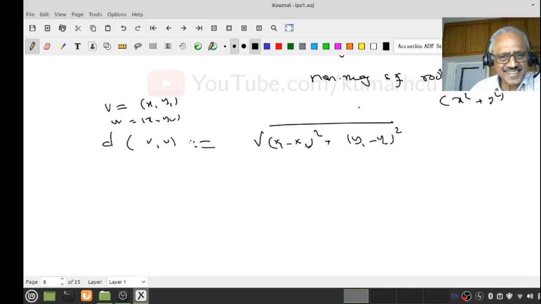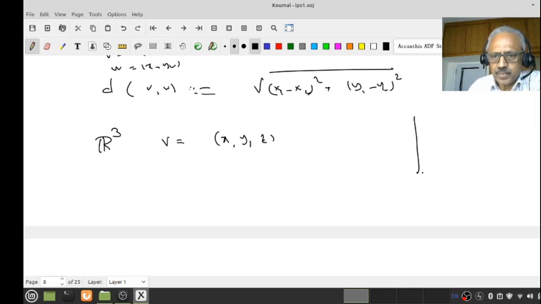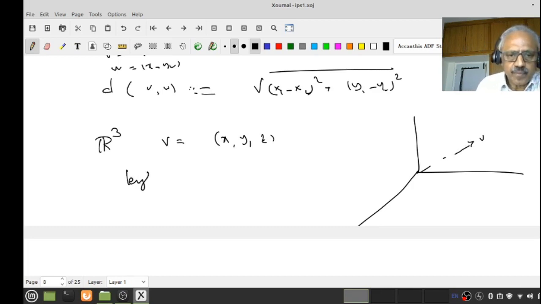Is it clear? Right, now in R3 I can do the same thing. Suppose I have a vector v which is (x, y, z). I can't draw a good picture, but you must have seen it in coordinate geometry. This is my v. The length of v: project v orthogonally onto each of the axes.